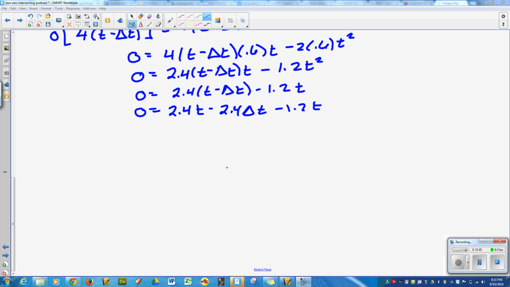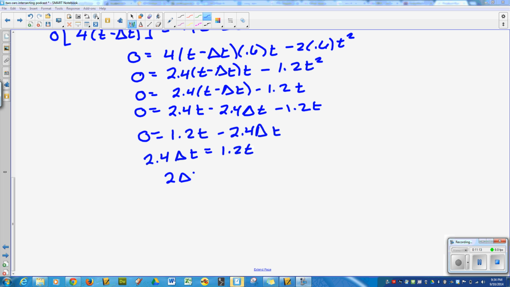No, this should work out. All right, 1.2t. And then 2.4 minus 1.2 is 1.2 times t minus 2.4 delta t. Move this over here so it's positive. 2.4 divided by 1.2 is 2. So all of that reduces to 2 delta t equals t.